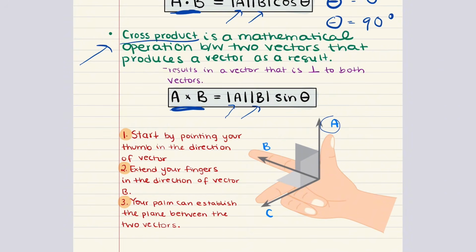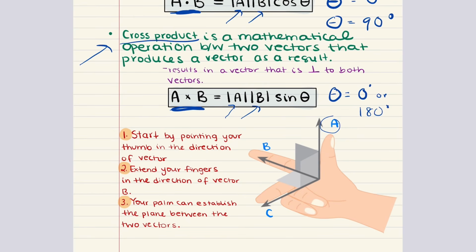The cross product is very useful in physics. It's really useful in calculating torque, angular momentum, and magnetic fields. And we're going to see all of these topics in later chapters, and we'll use our right-hand rule again. The cross product also is going to be 0 when the two vectors are parallel. So when theta is equal to 0 degrees or 180 degrees, then the cross product is 0.